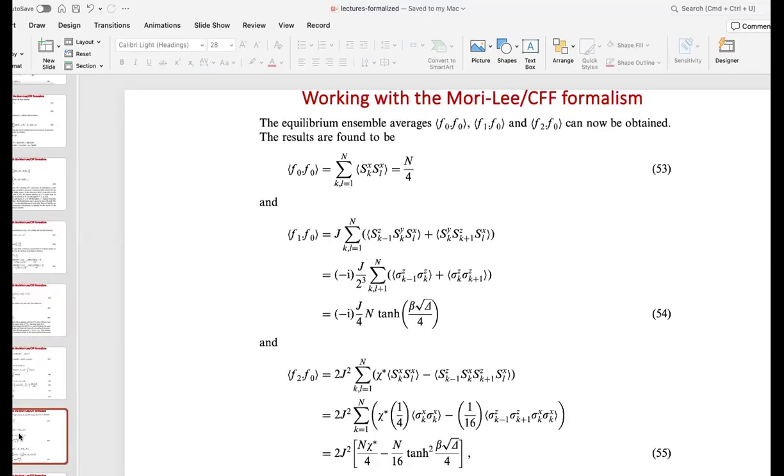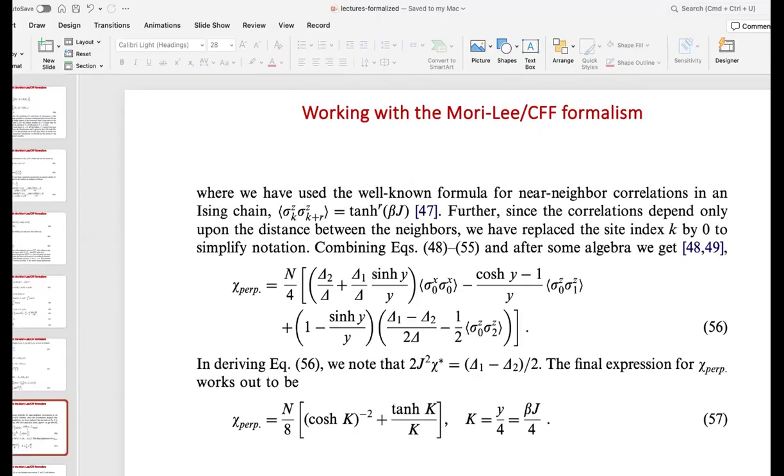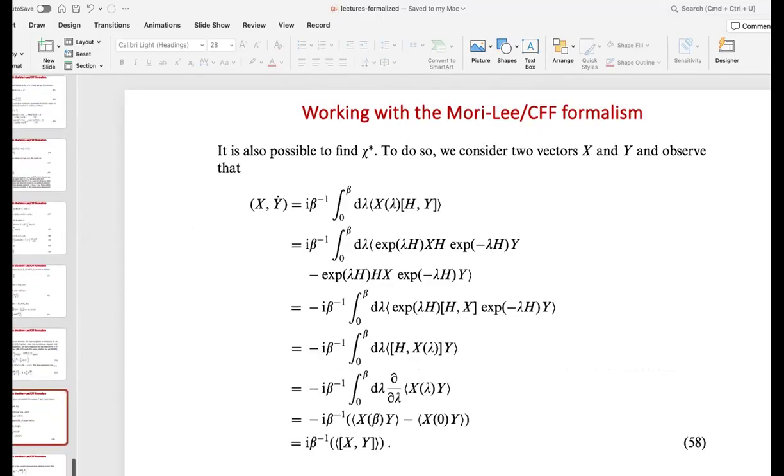And for this, I'll teach you a trick. And this trick was invented by none other than the great Kubo. It's called Kubo's second moment theorem. It's a dirty trick, Kubo's second moment theorem.